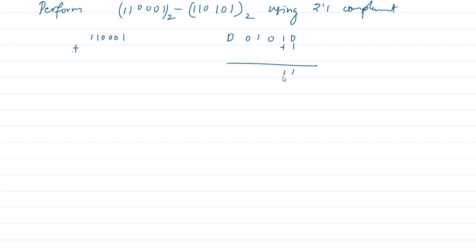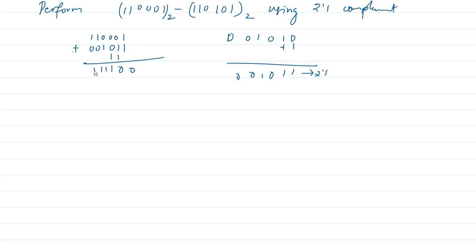That is 1 1 0 1 0 0, right? This is the 2's complement of the subtrahend. Just I need to add this to the minuend, that is 0 0 1 0 1 1. See, 1 1 is 1 0, here also 1 0, this is 1, this is 1, this is 1, this is 1.